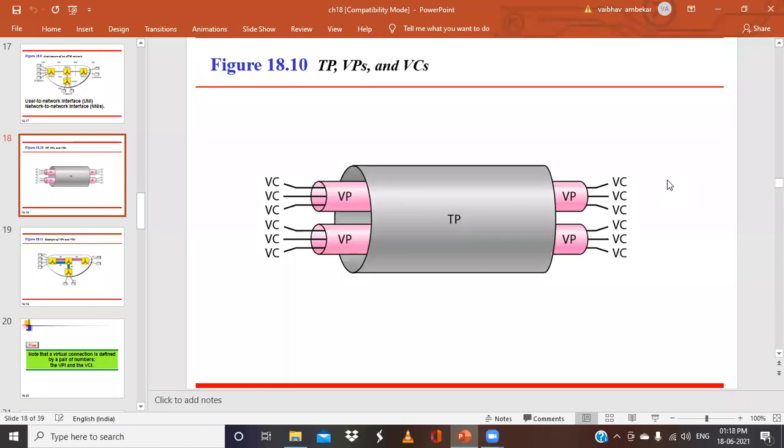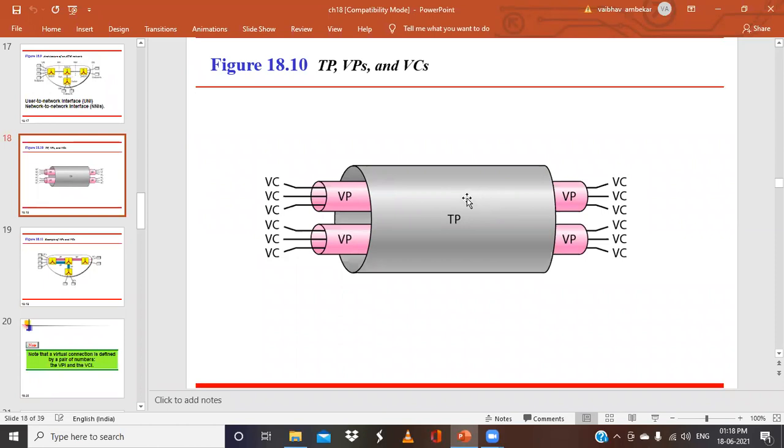So different routes or paths are available. The set of all highways that can connect two cities, we call the transmission path. Basically it is a physical connection. Transmission path is a physical connection that can be a wired cable, coaxial cable, or wire connection, or it can be satellite and so on.